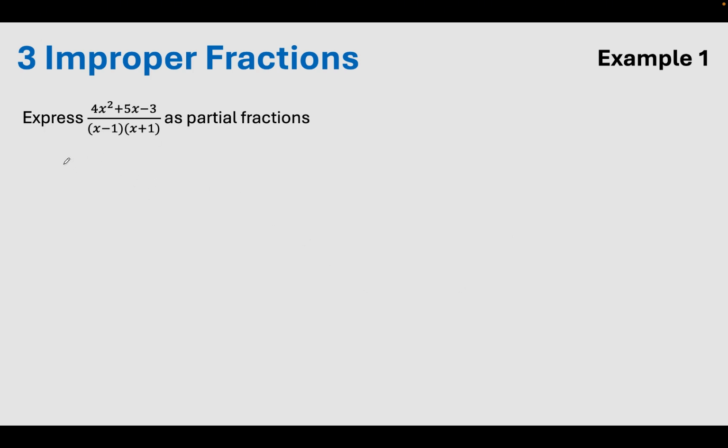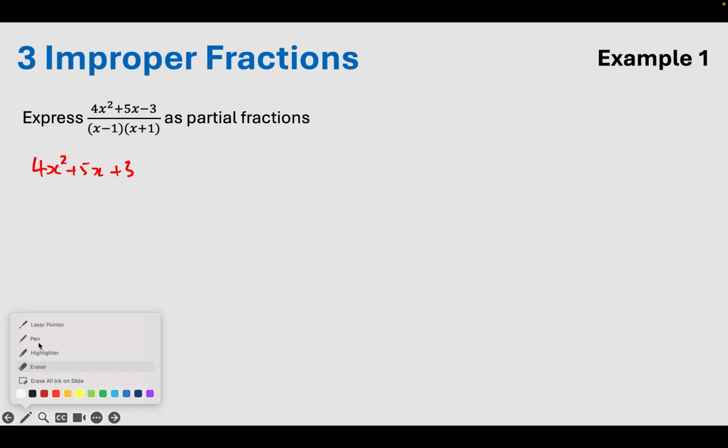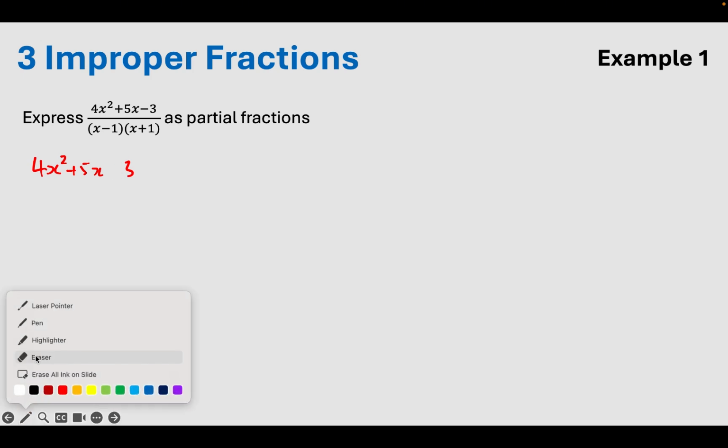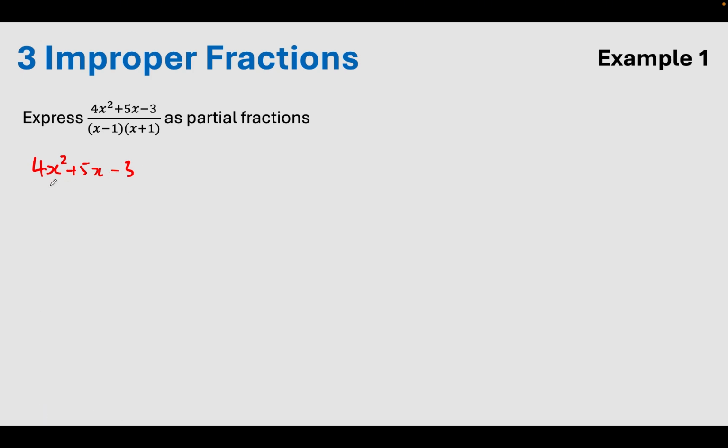So if I write this out first, that should be minus 3. Now this one is a quadratic over a quadratic. So when I divide through, I should be left with a constant term, over my usual partial fraction decomposition.